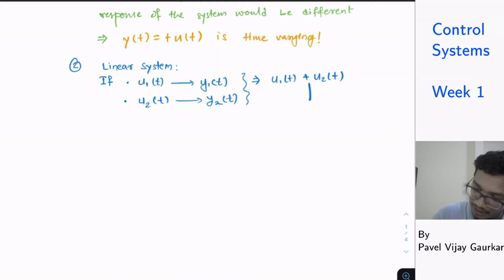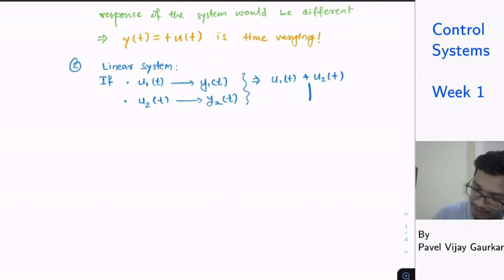Condition B is, if we give the input of A into u1 of t, where A is some constant, and the output of the system becomes A into y1 of t. When conditions A and B are both true, then the system is linear.